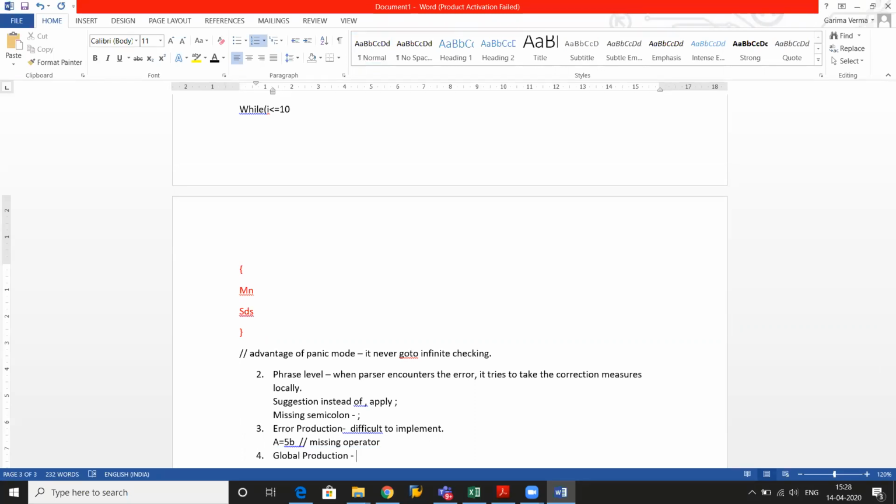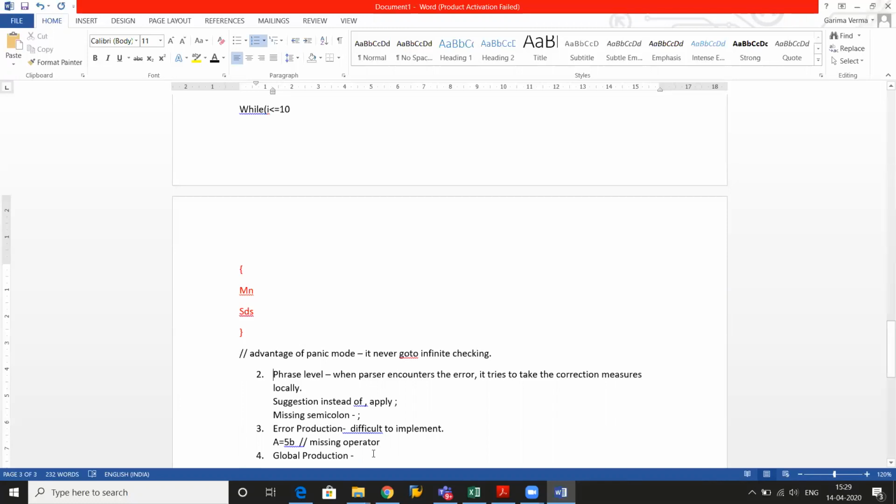So basically what happens in the global production? Like in case of phrase level, it gives you auto correction. It gives you similar type of correction, like instead of comma you can write the semicolon, instead of colon you can write the semicolon, instead of plus you can write the multiplication, instead of print you can write the printf. These type of suggestions will be given by the phrase level correction.